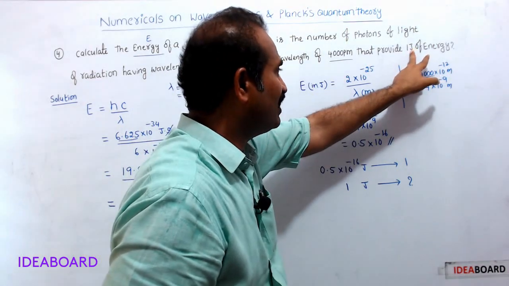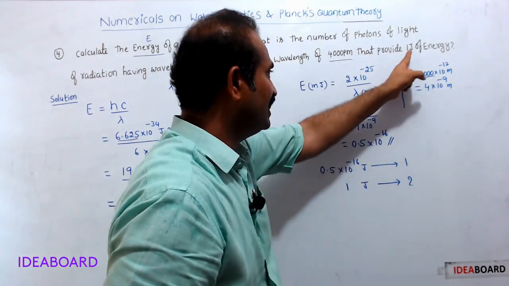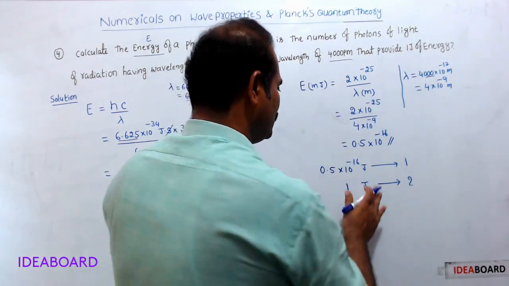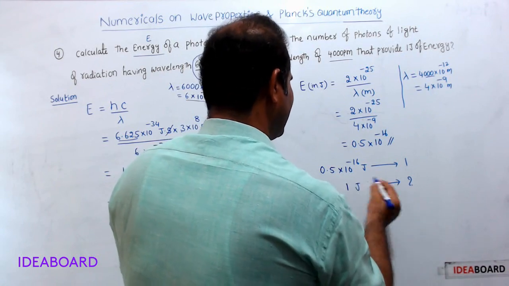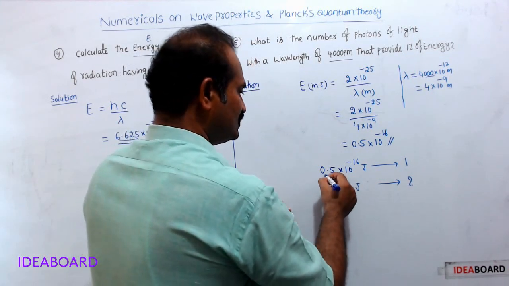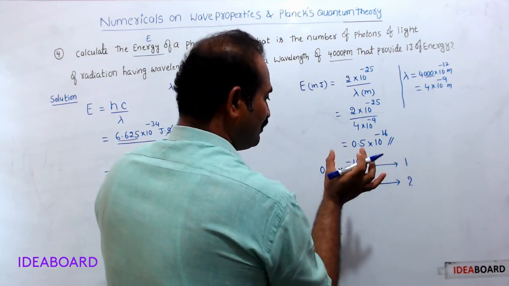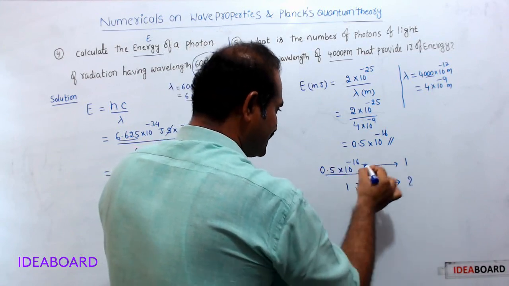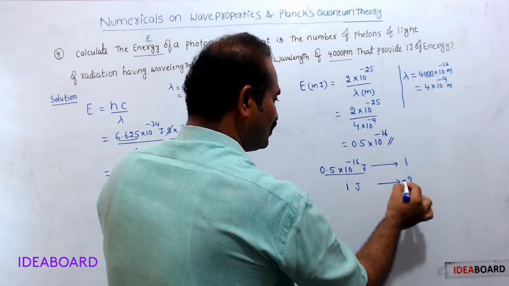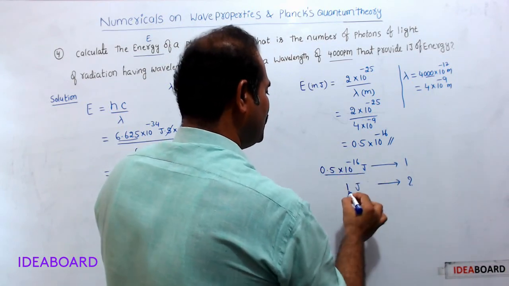Then the number of photons corresponding to 1 joule we need to find out. Once again, clearly see. The number of photons corresponding to this energy is 1, and the number of photons corresponding to 1 joule we need to find.